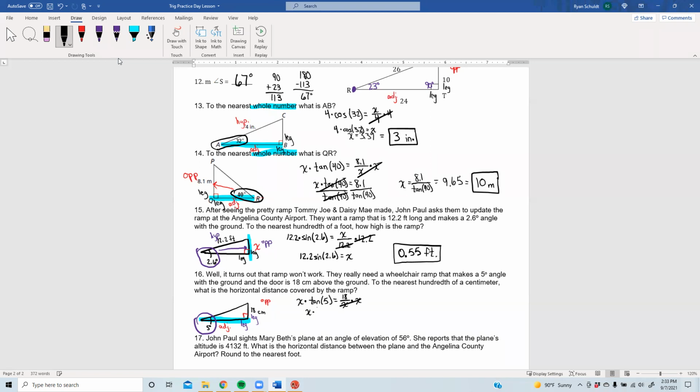So x times the tangent of 5 equals 18. Divide by the tangent of 5. Then we get x equals 18 over the tangent of 5 degrees.